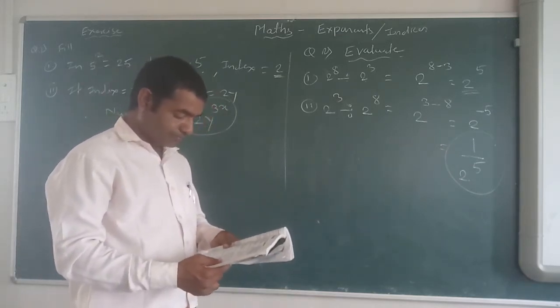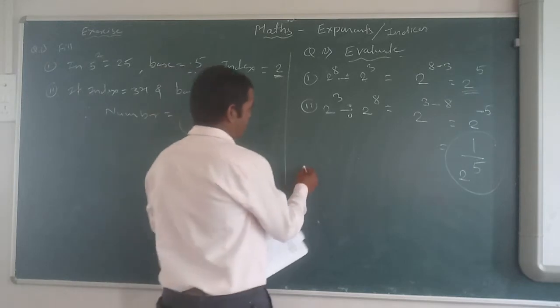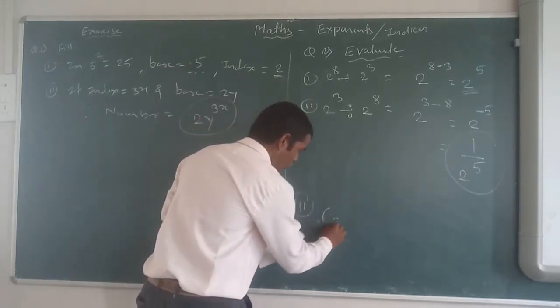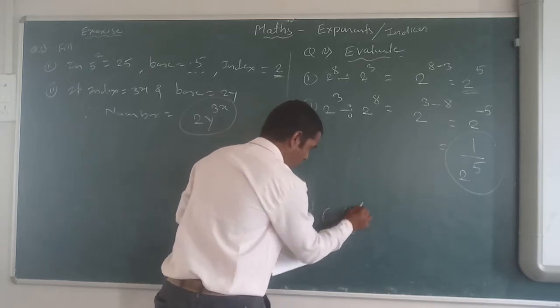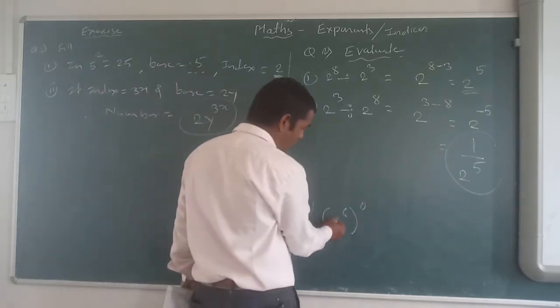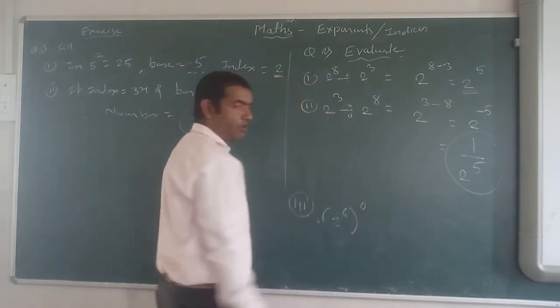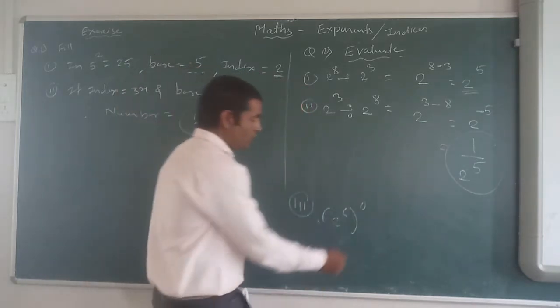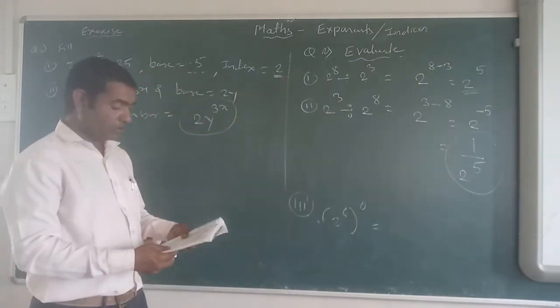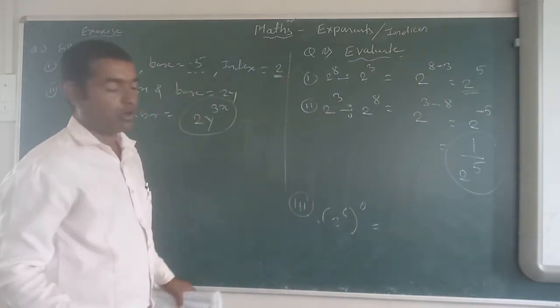Question number three I am taking. The third question is 2 raised to 6, raised to 0. Here power of power is given. When power of power is given, we have to take the multiplication, which is known as the power law.